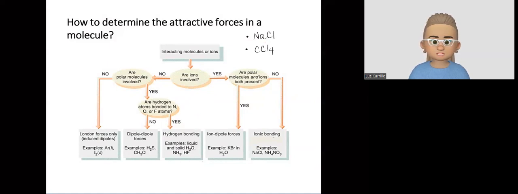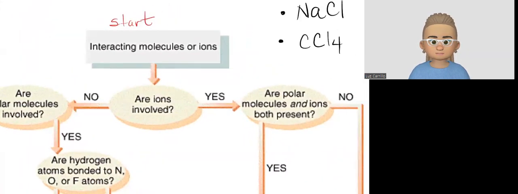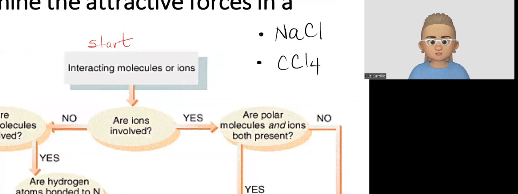So for the start of the flowchart, we start with this initial question: interacting molecules or ions? In the case of NaCl, you have to ask yourself, are ions involved? Well, in sodium chloride, sodium is a metal, chlorine is a non-metal.